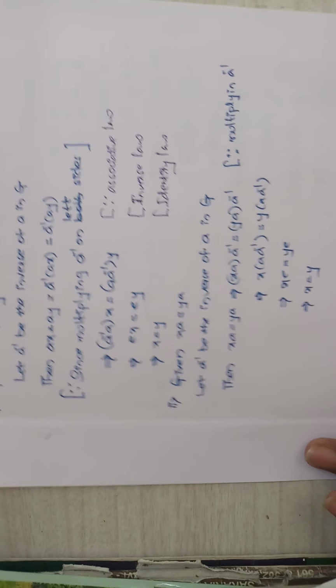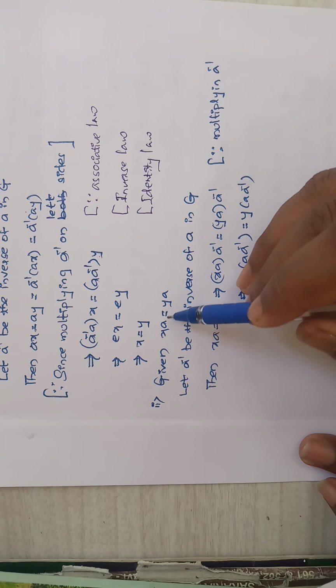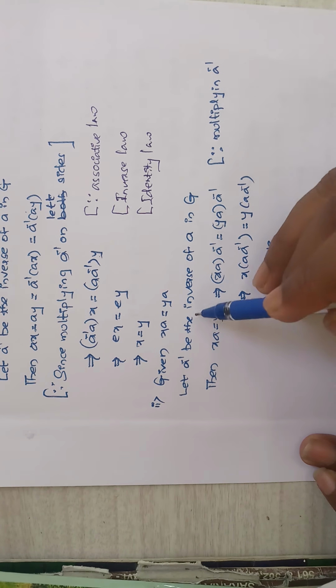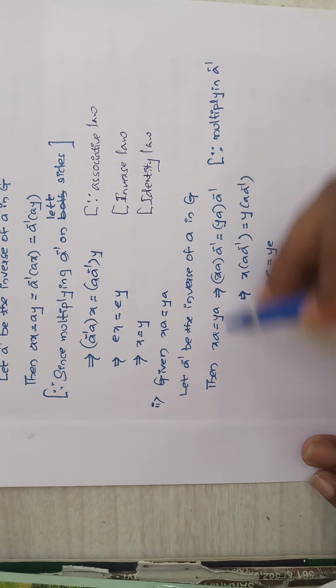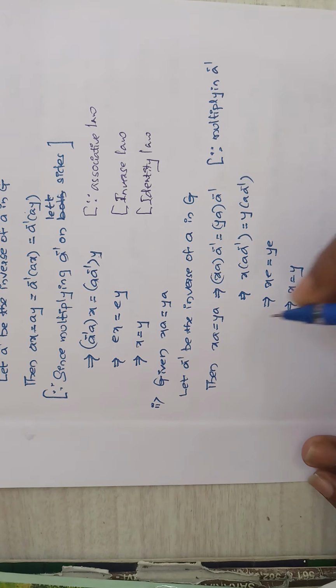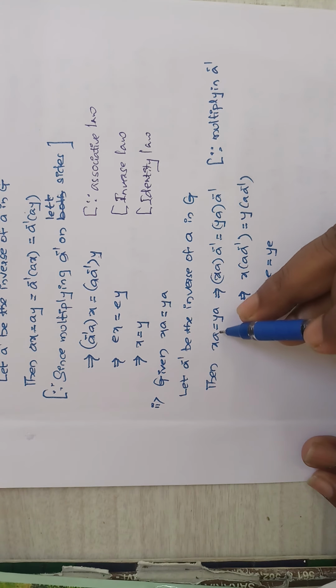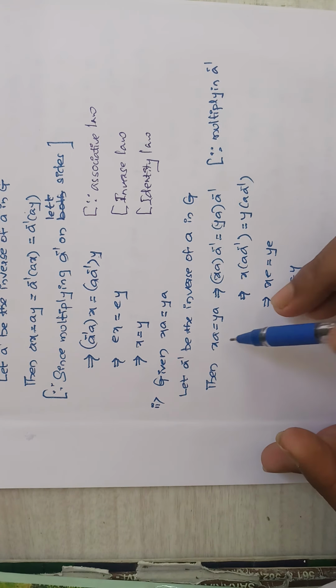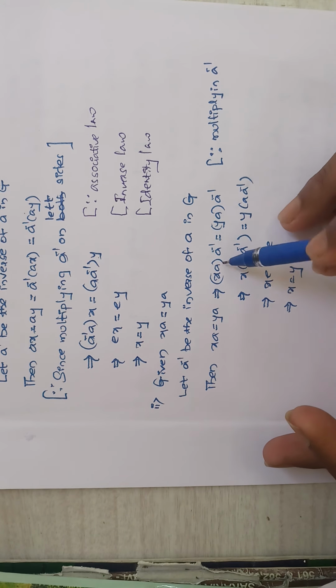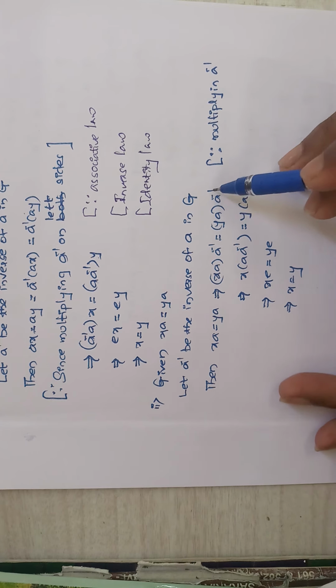Next is xa is equal to ya. Given that xa is equal to ya, let A inverse be the inverse of A in G. So I multiply the right side by A inverse, and then xa A inverse is equal to ya A inverse.